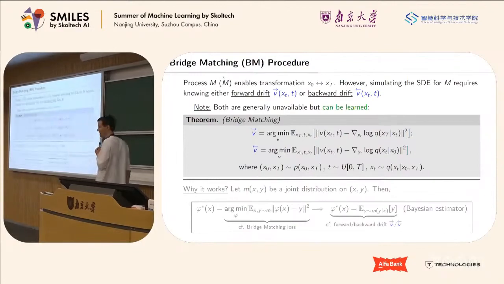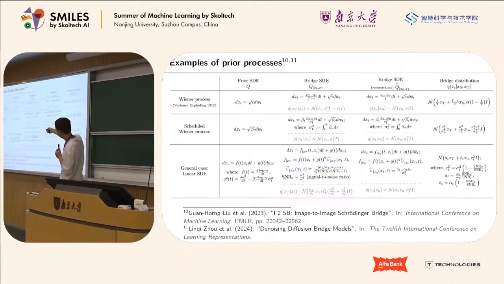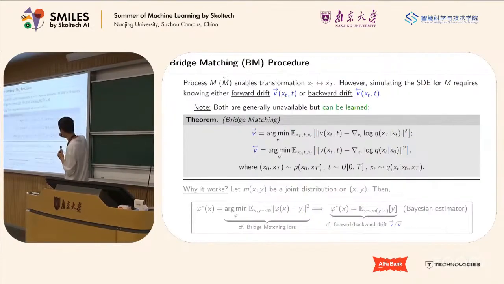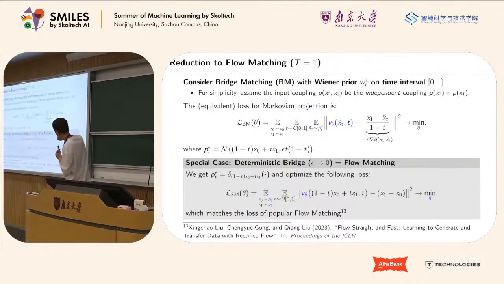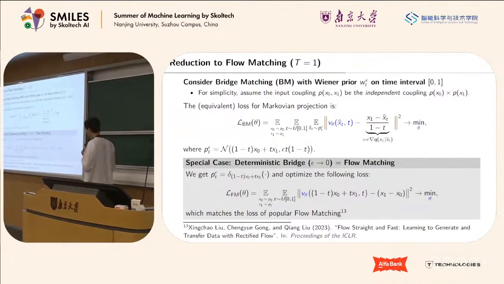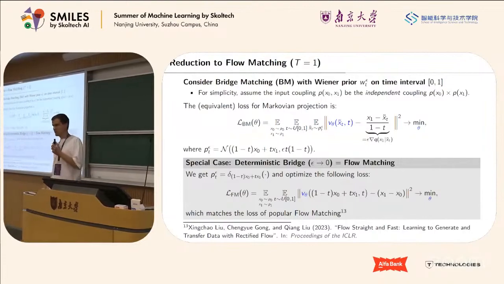For the Wiener process, this expression has closed form and it is directly substituted here: x1 minus current xt divided by 1 minus t.